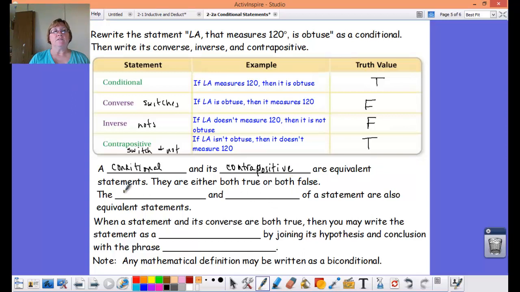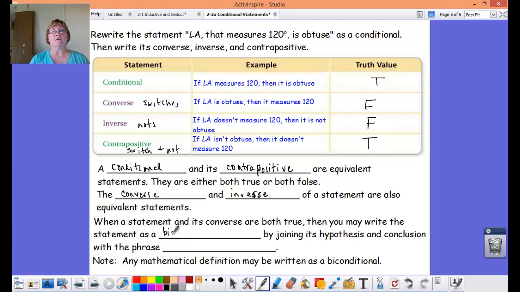The converse and inverse are also equivalent statements. They both have the same truth value, either both true or both false. This is the last little tidbit we want to give you today. When a statement and its converse are both true, that is, if it's true this way and the opposite way, original order and opposite order, that's called a biconditional.